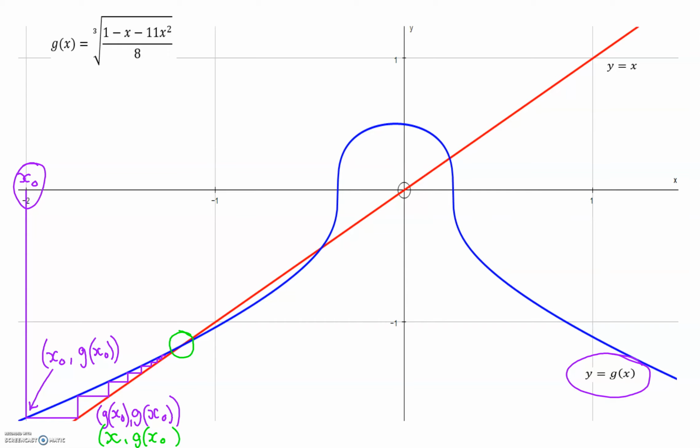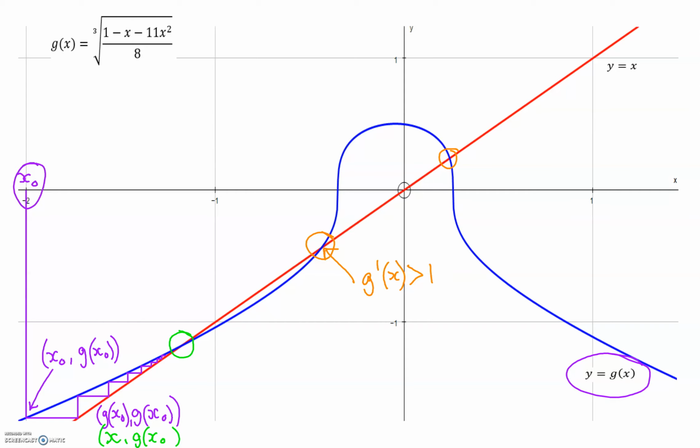Are we able to find them using this particular iterative formula that I've got? So this root and this root, the other two roots, are where the two graphs intersect, and you can see that the gradient of the blue curve is too steep. At this particular root here, we have that g dashed of x is going to be greater than 1.